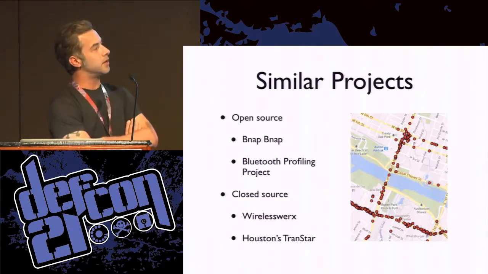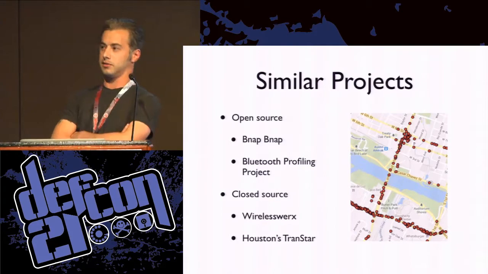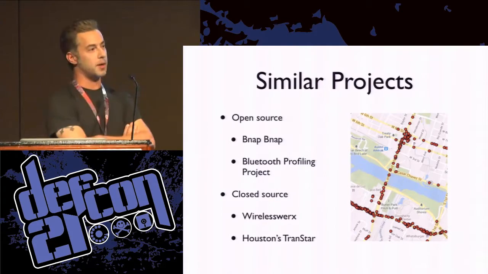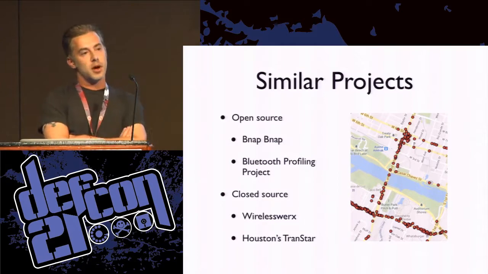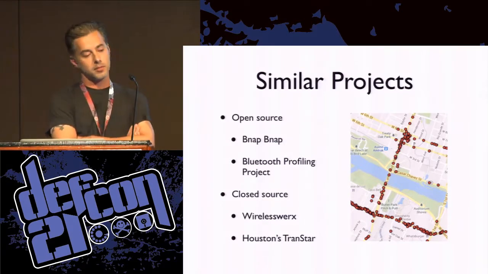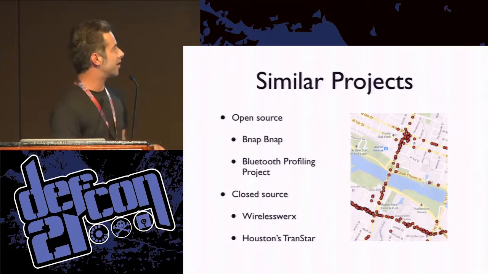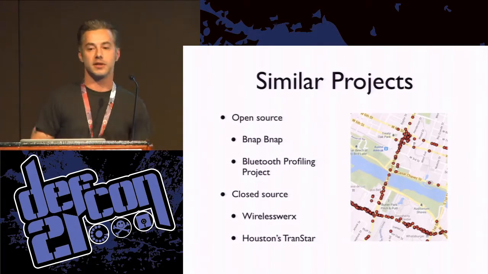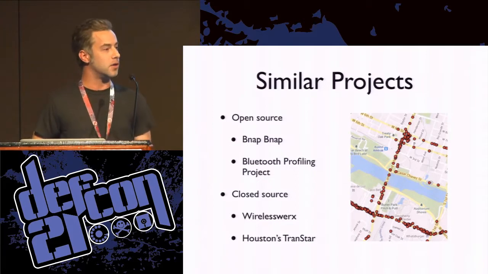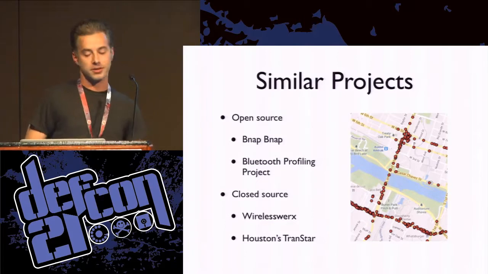There's not a lot of information about them online, so if anyone is familiar with them, I wouldn't mind talking to you after the talk. Houston's Transtar system uses Bluetooth to detect traffic patterns on Texas highways, even though I'm from Texas, I have nothing to do with this project. Obviously these projects don't open the data sets up to the public, so it wasn't much use to me. But it's interesting just to know that they're out there.